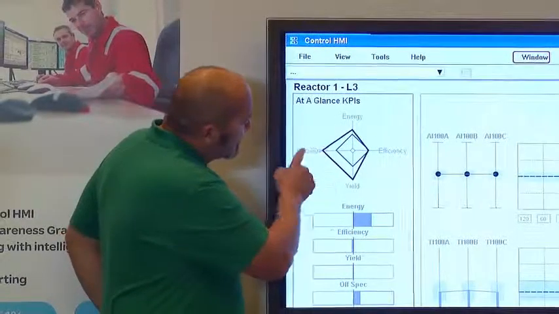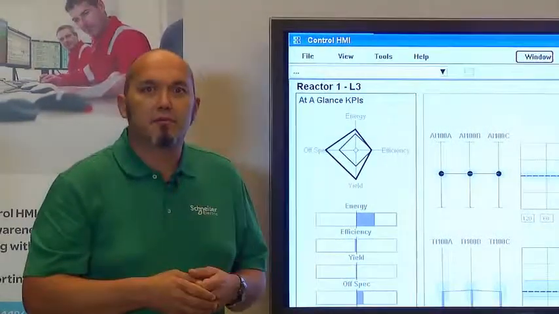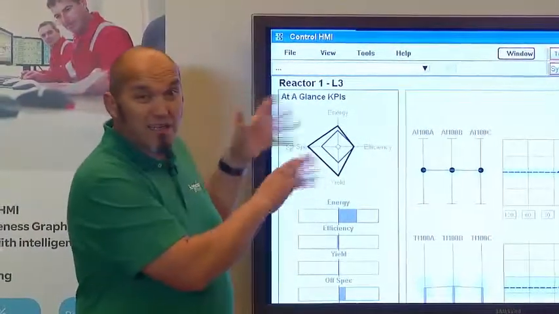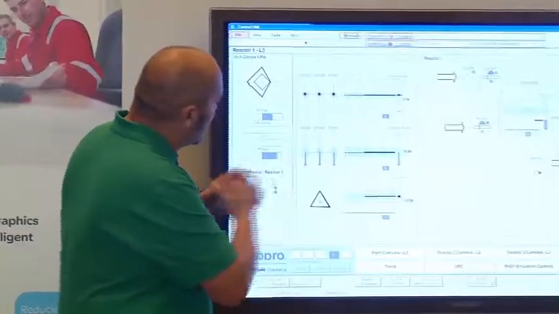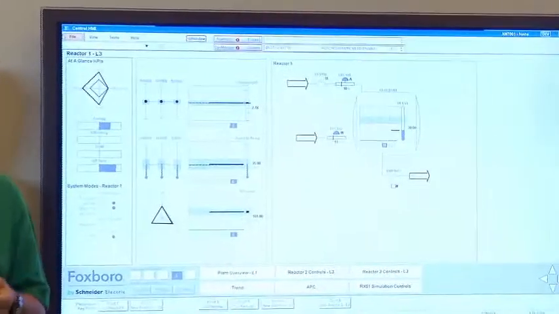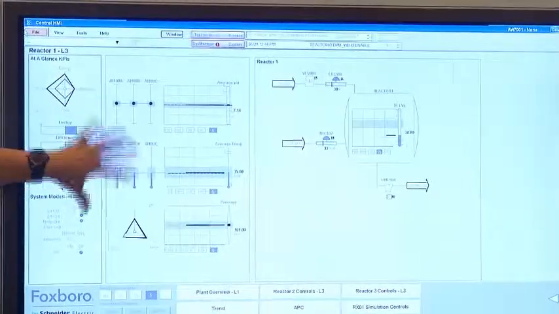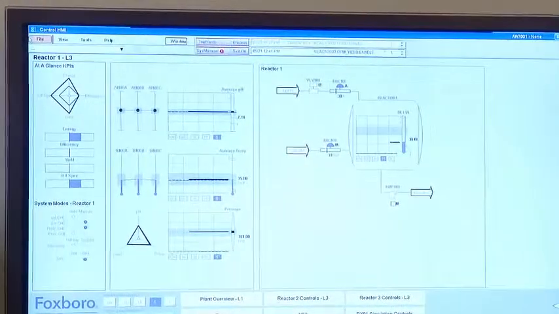But if any of these variables exceed or stray from an optimal value, then we start to see the polygon getting a wee bit funky. So the whole idea with this part of the diagram is, without any special techniques, the operator can immediately see at a glance that his process is operating within an optimal zone.